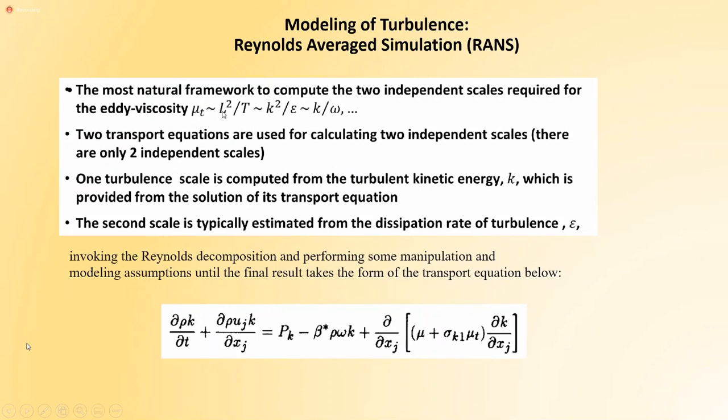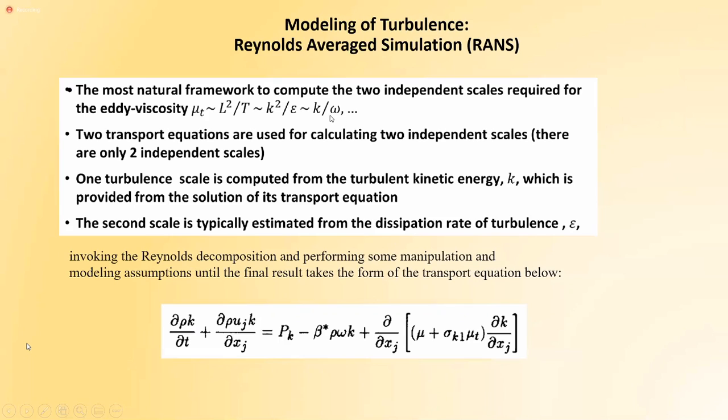And by dimensional analysis, you simply have to have a length scale and a time scale, or a length scale and a velocity scale. Here you can look at the choice: length scale and a time scale. It could be the turbulent kinetic energy and its dissipation, or the turbulent kinetic energy and the specific dissipation.